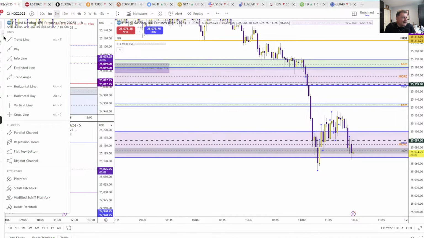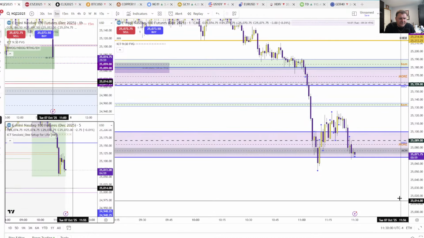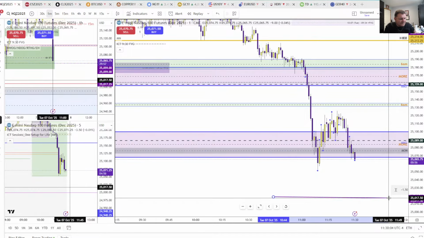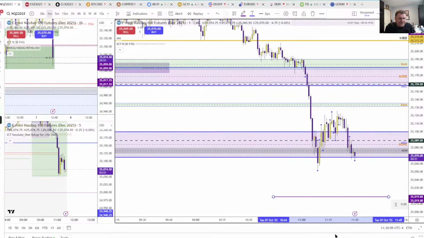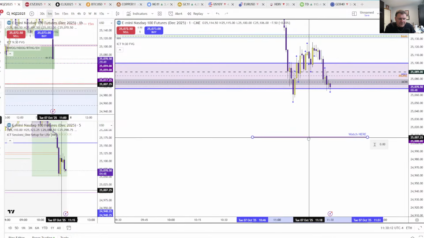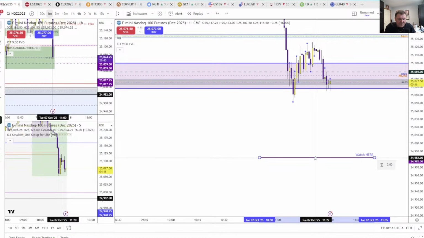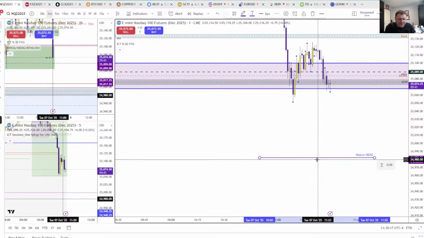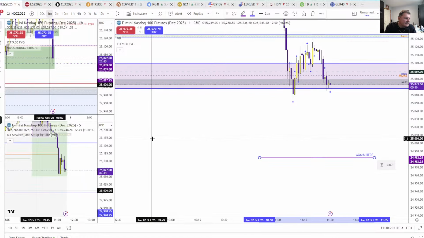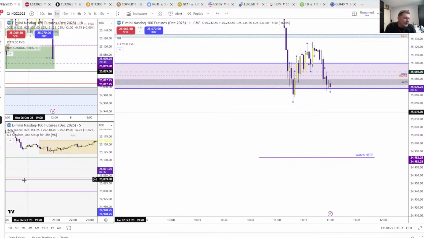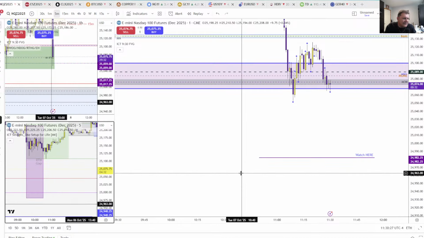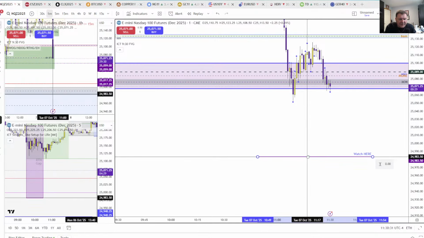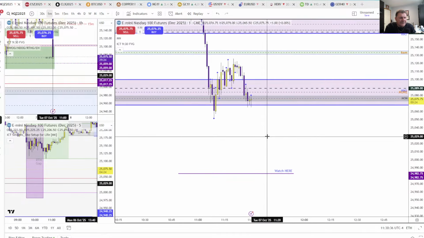Let's put that down here as a level to look for. 981 should be the bottom of this old regular trading hour gap. Oh, sorry, 982.75. Right there. Let's see if we get down in here.